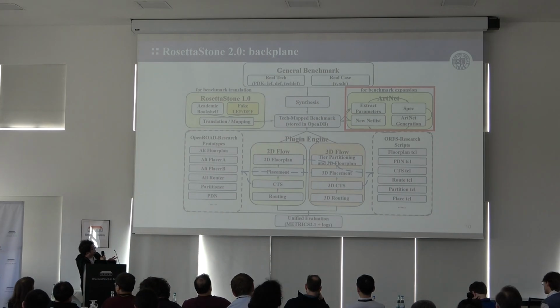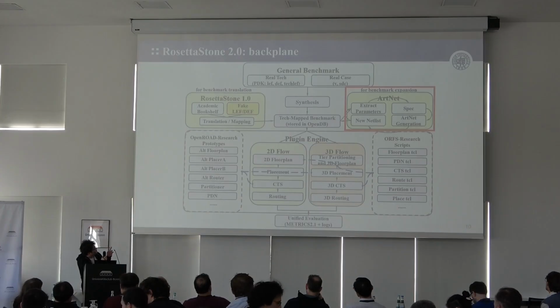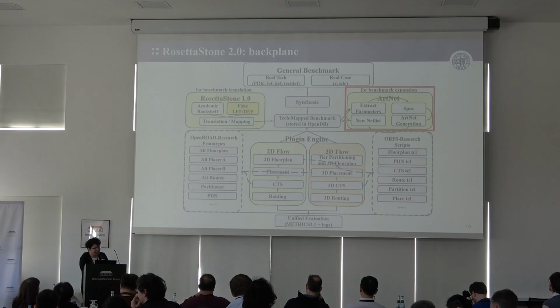This file defines some characteristics of a netlist, and then it can use those characteristics to generate a new netlist that can be reused in OpenDB, and it will be physically equivalent to the original netlist. I believe this is what ArtNet does. So this is for the benchmark expansion.